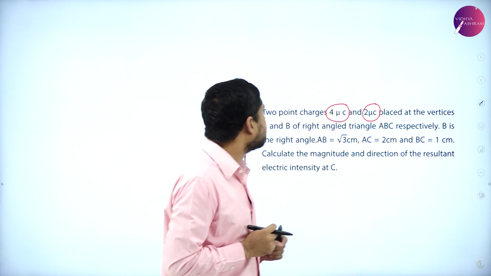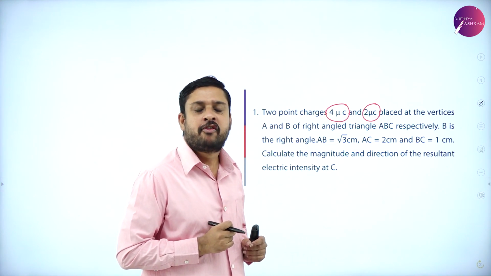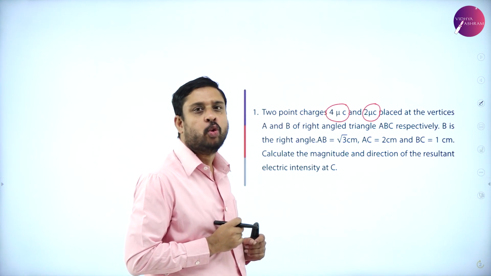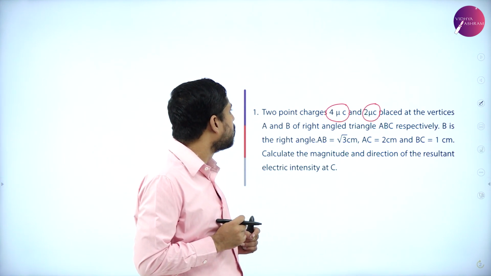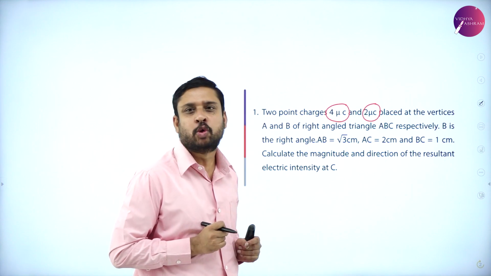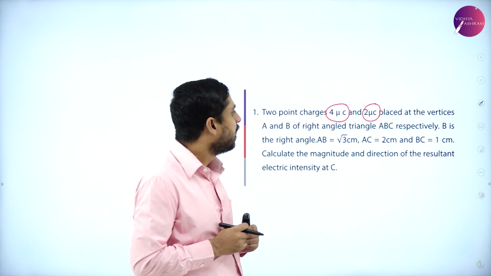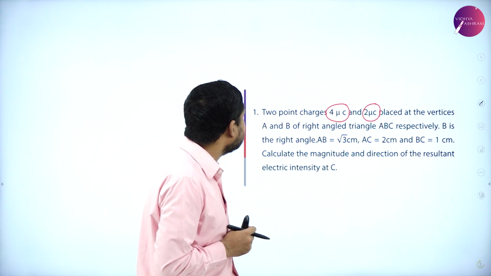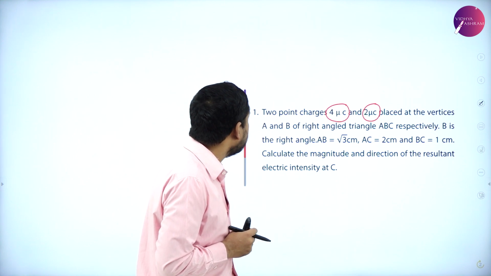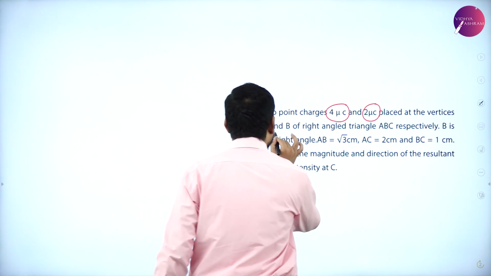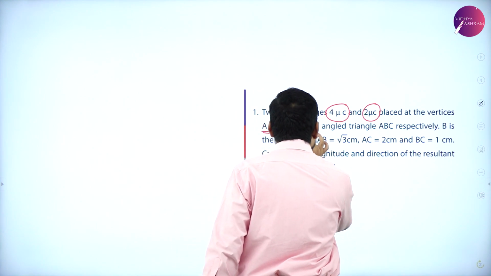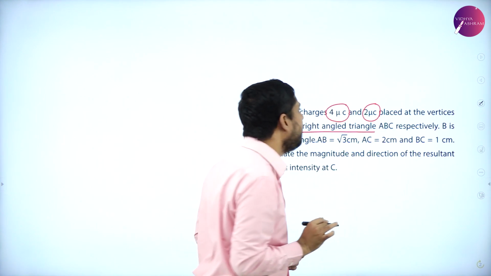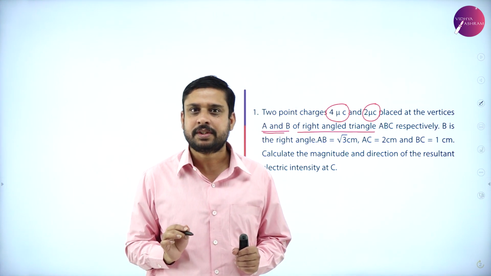One has magnitude 4 microcoulomb and the other has magnitude 2 microcoulomb. And they are placed at the vertices A and B of a right-angled triangle.